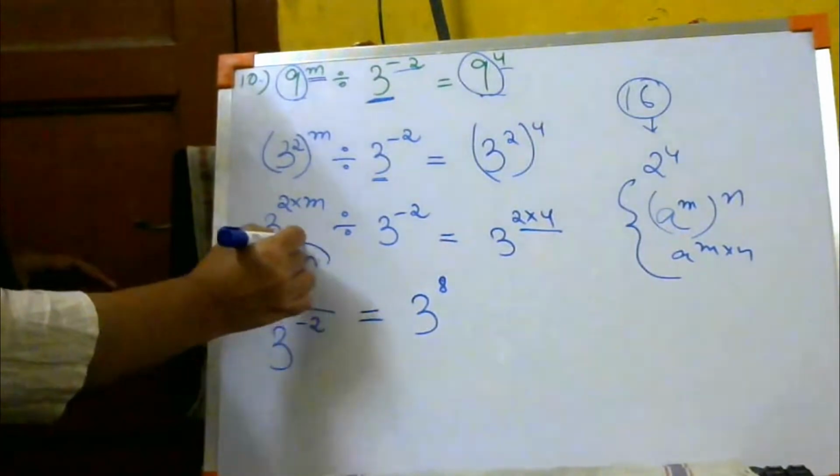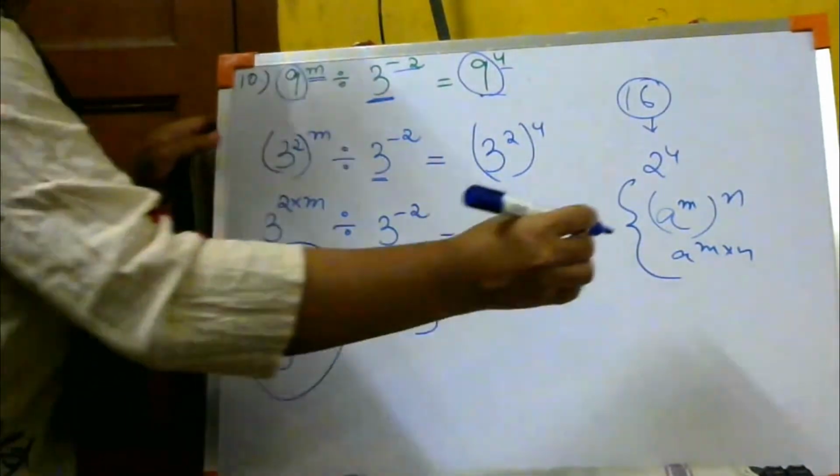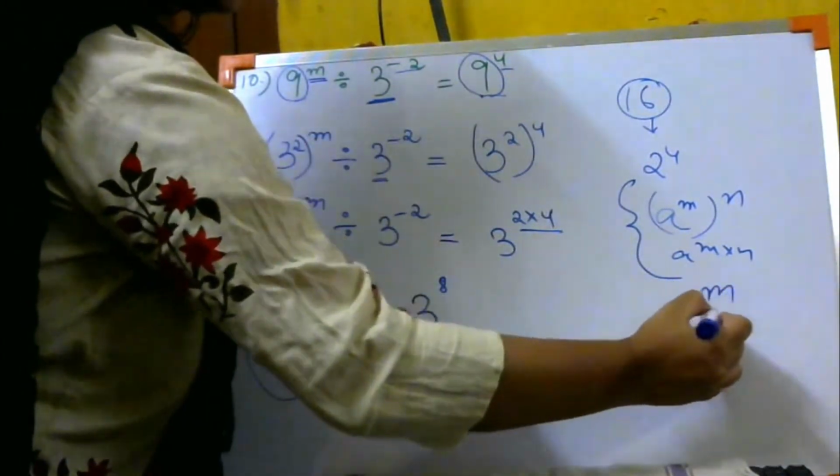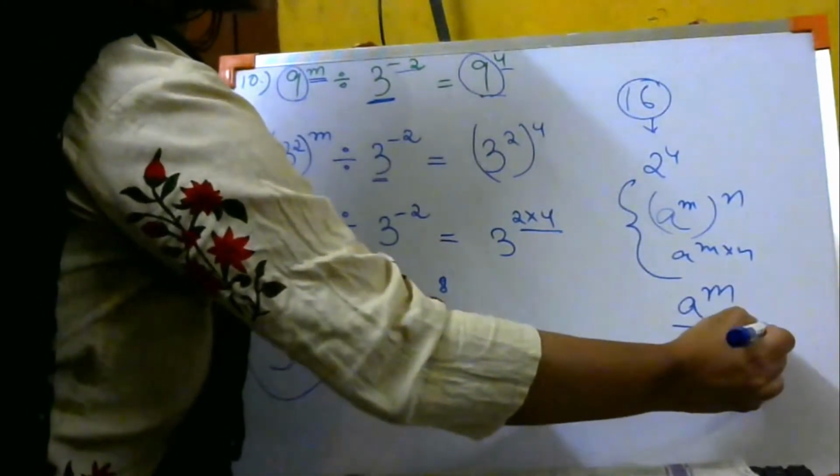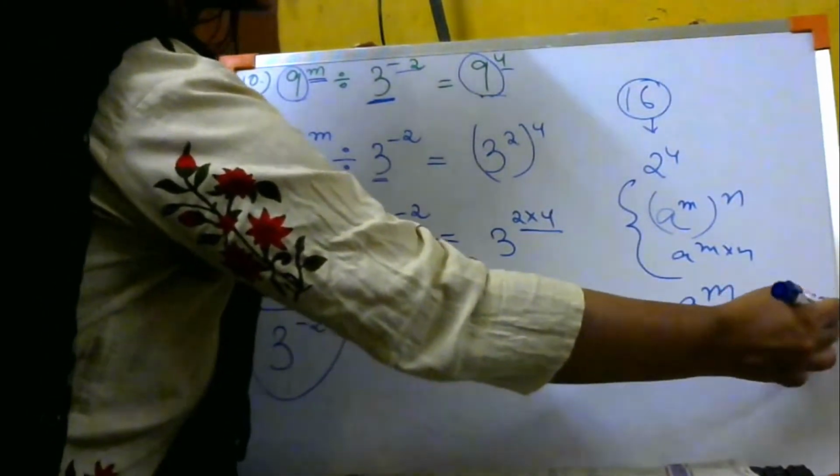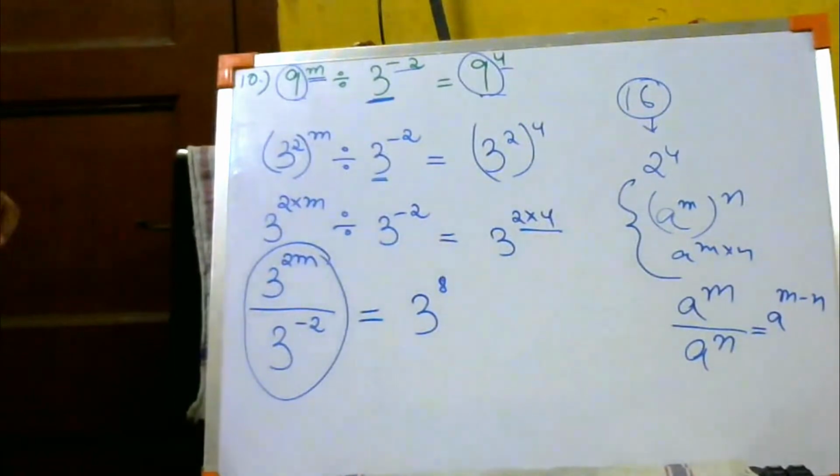Now look into this thing. And do you remember this formula? A to the power m divided by a to the power n is equal to a to the power m minus n. Do you people remember this law? This exponential law?